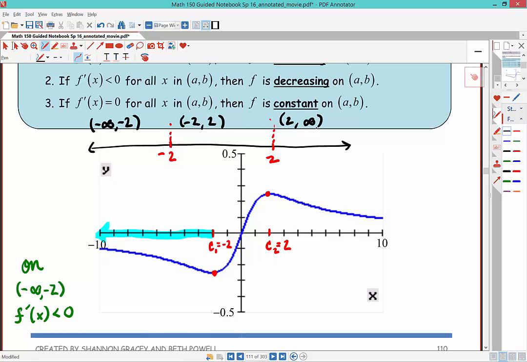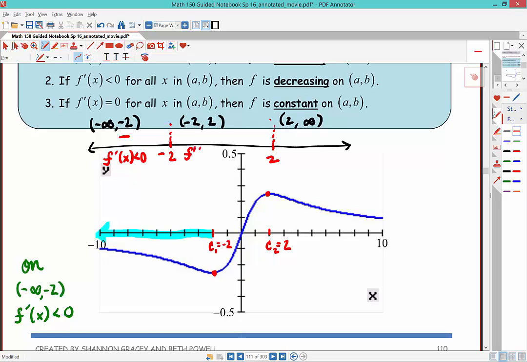Okay, so far? So from -infinity to -2, every single value on that interval that you plugged into your derivative function would test to be negative. So f prime at x is going to be negative on that interval, okay?